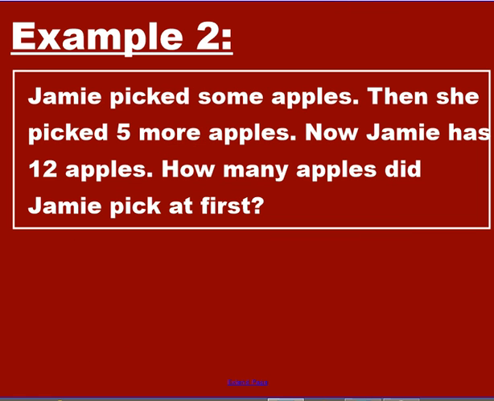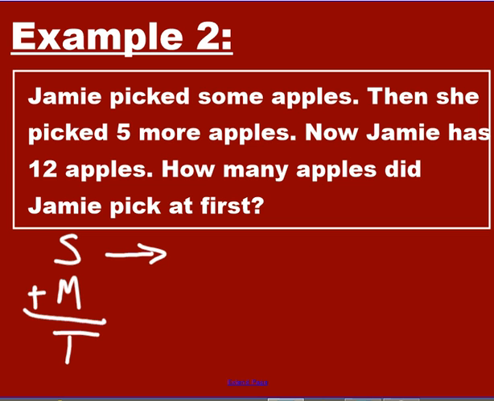Example 2 says Jamie picked some apples. Then she picked 5 more apples. Now Jamie has 12 apples. How many apples did Jamie pick at first? So I write S for some, M for some more, and then when I add those together, it should equal my total.